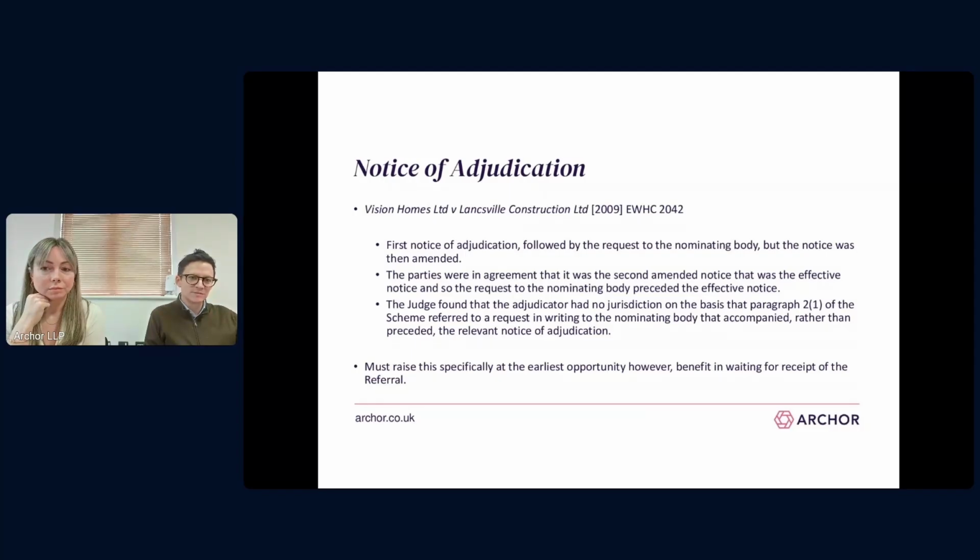If you're the responding party, you need to challenge jurisdiction as soon as possible and ask the adjudicator to resign. This is probably one of the clearest jurisdictional challenges. Often they can go either way, but I think most adjudicators faced with a clear situation where the nomination request has been made before the notice will resign. It's not really something that's arguable.